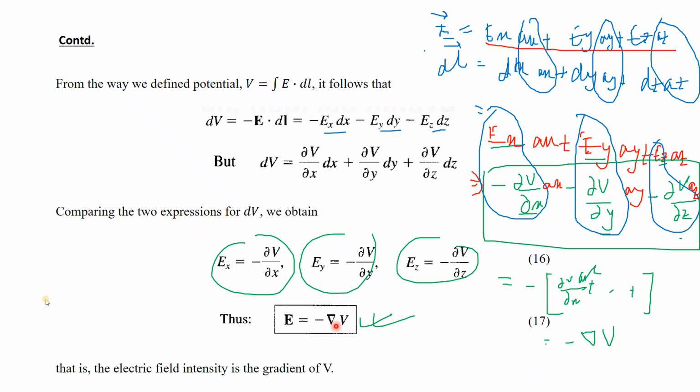So electric field intensity is equal to minus of gradient of potential. These are the two equations, this is the relationship between E and V.